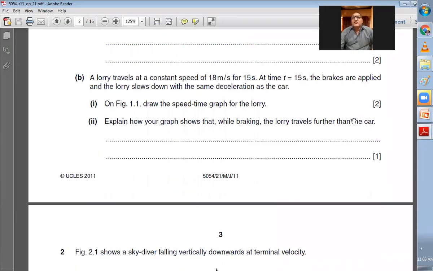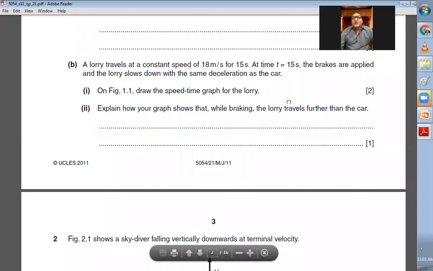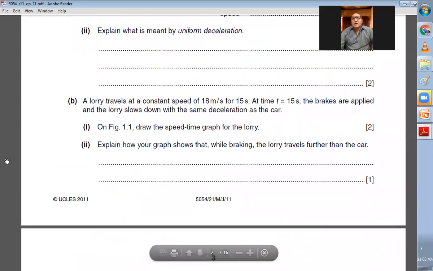The next part says, a lorry travels at a constant speed of 18 meters per second for 15 seconds. At t equals 15 seconds, the brakes are applied.